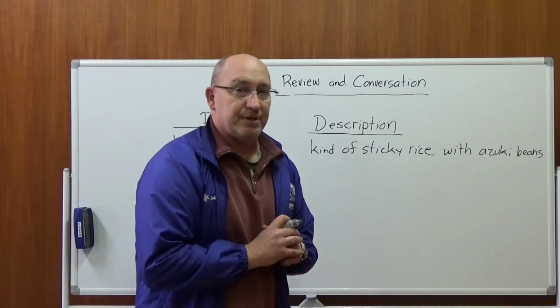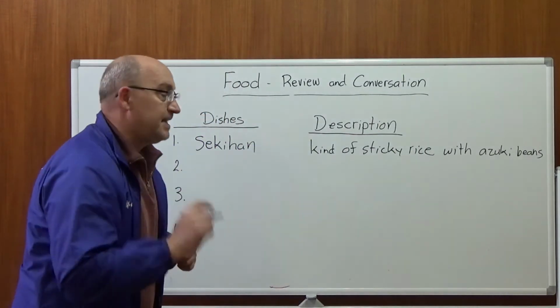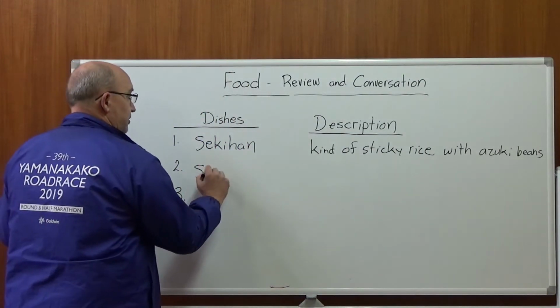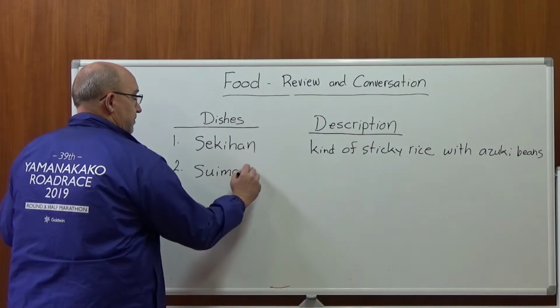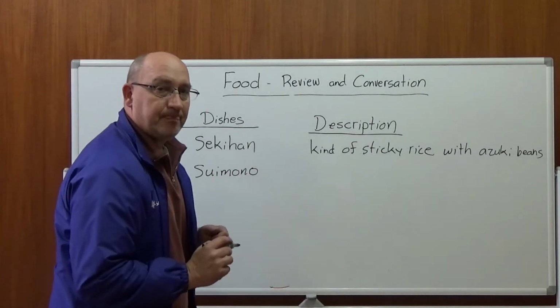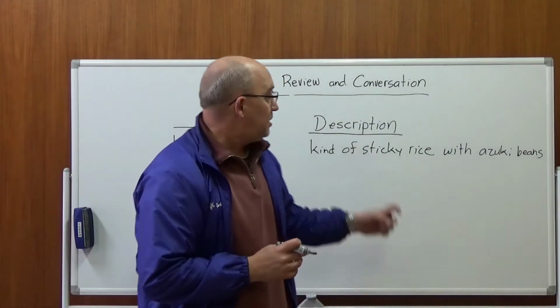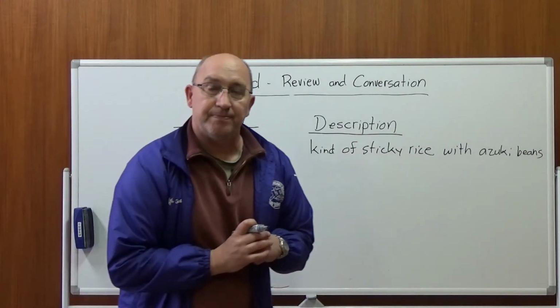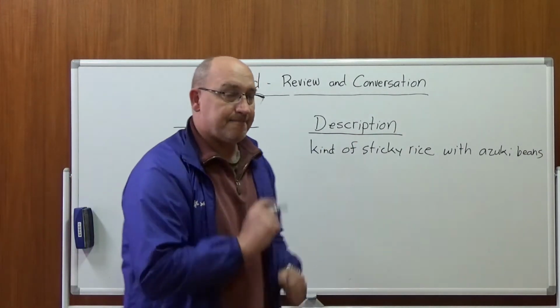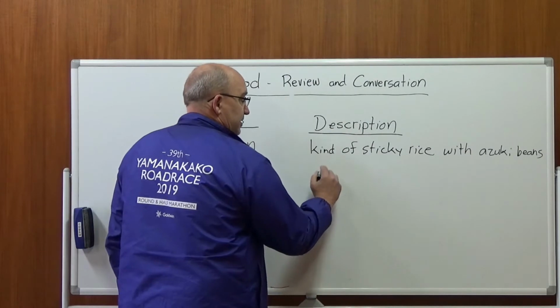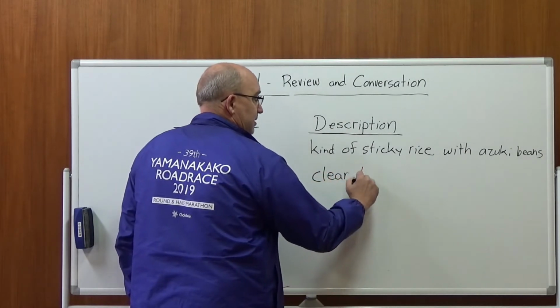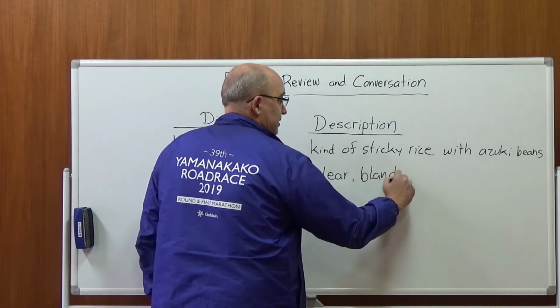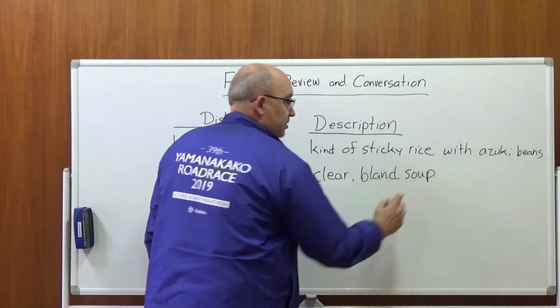The second food. The second food I said was, yes, suimono. Now, suimono. How did I describe suimono? I said it's a clear, bland soup. Right?